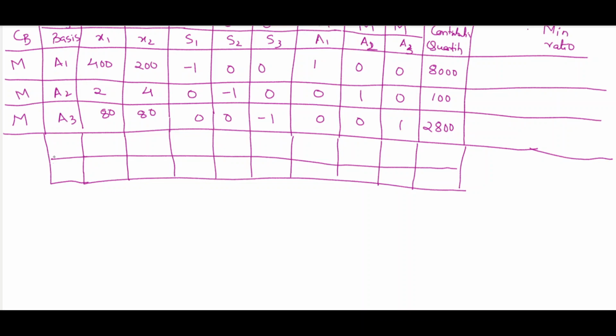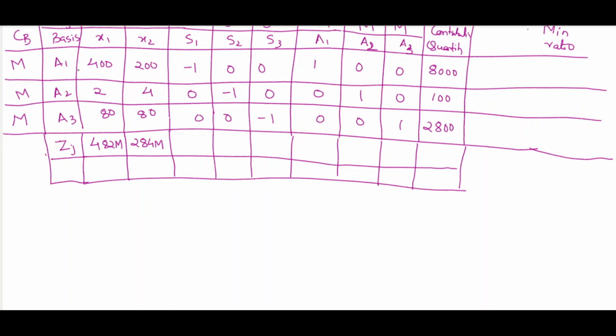This is your Zj, the contribution of j. Zj is equal to 400 into M, that is 400M plus 2M plus 80M, so in total it is 482M. Similarly, for x2, 200M plus 4M plus 80M, so it will be 284M.